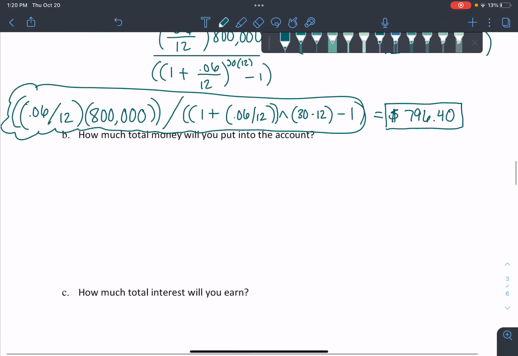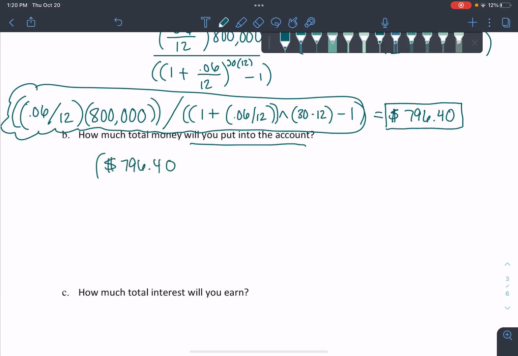Okay, how much money will you put in the account? As we said before, what you put in is the deposit, okay? What Jose puts in as the deposit. That deposit is what we just calculated, the $796.40. And Jose does this every month, so times 12 monthly for 30 years.